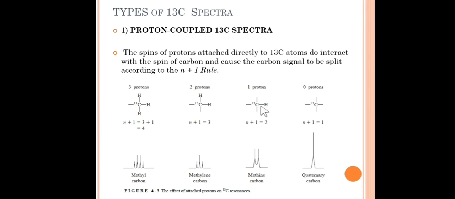If we have a carbon attached to only one proton, then it will split into a doublet, and finally, if we have a quaternary carbon with zero protons, it will show a singlet. So this is how the proton coupled C13 spectra is observed.